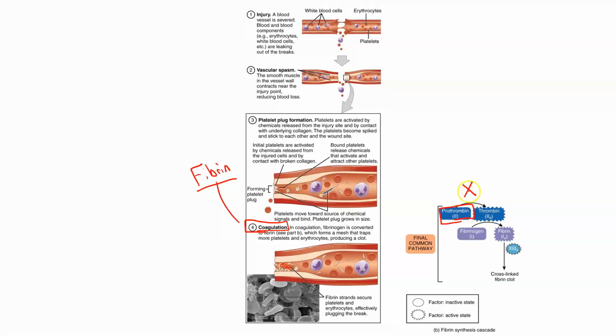When factor 10 comes onto the scene, it turns prothrombin into an activated form called thrombin. Anytime you are looking at biochemistry and you see the word pro, that means it is something that is not active but can be turned on to then go do something. So prothrombin is inactive, it gets turned on, and now that's the active form, which is just called thrombin.